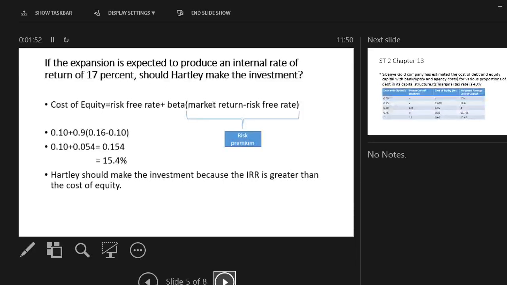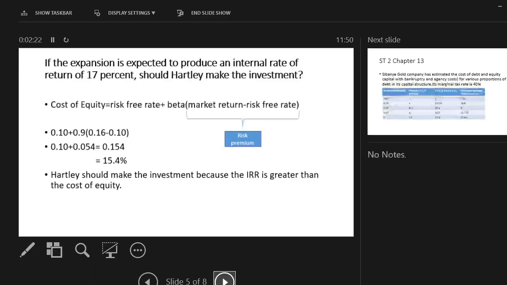They are saying the risk-free rate is 7%. Remember, we are still on the CAPM model. We are not given the market return, but the market risk premium is 8%.